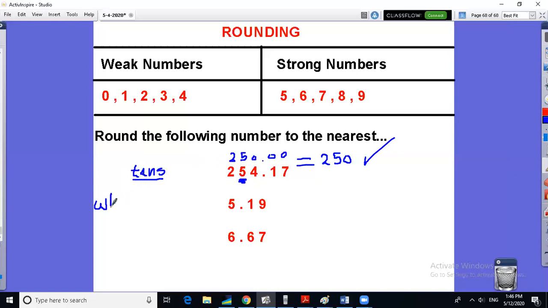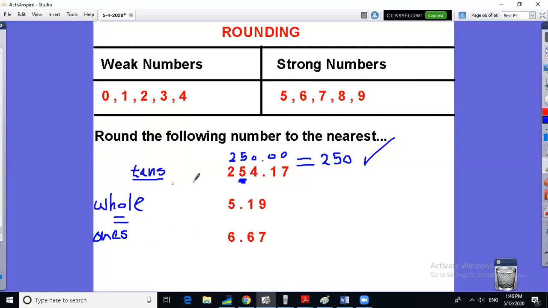But what if they just say round to the nearest whole number? Whole number simply means to the nearest ones. So if they say round to the nearest whole number, it just means round to the nearest ones.